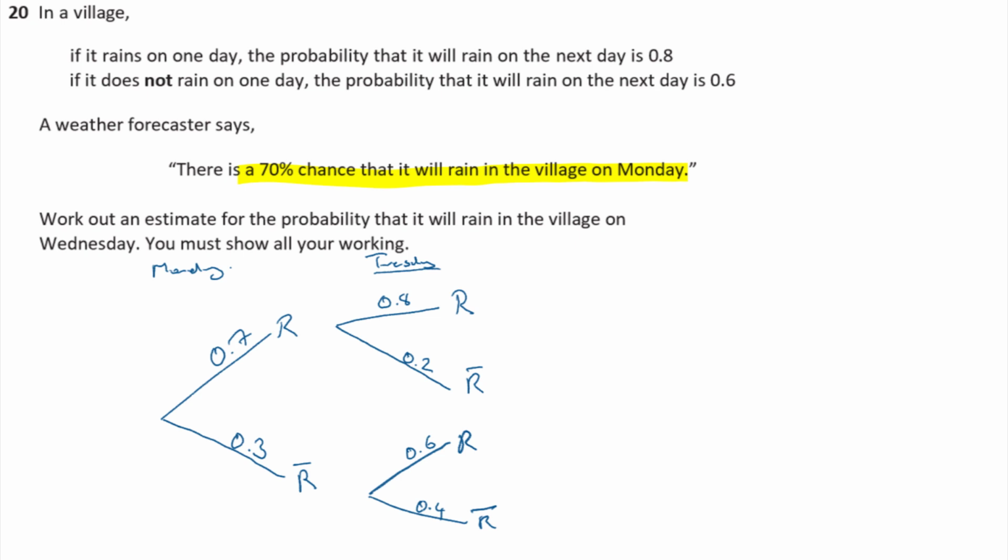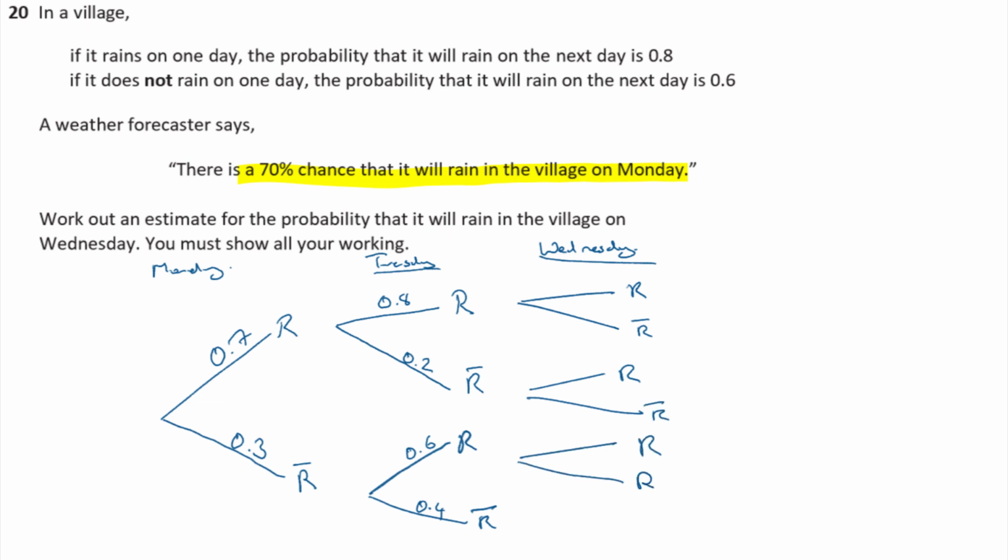And then finally, Wednesday. What's going on Wednesday then? So then on Wednesday, again, you're going to have rain or not rain on each branch.